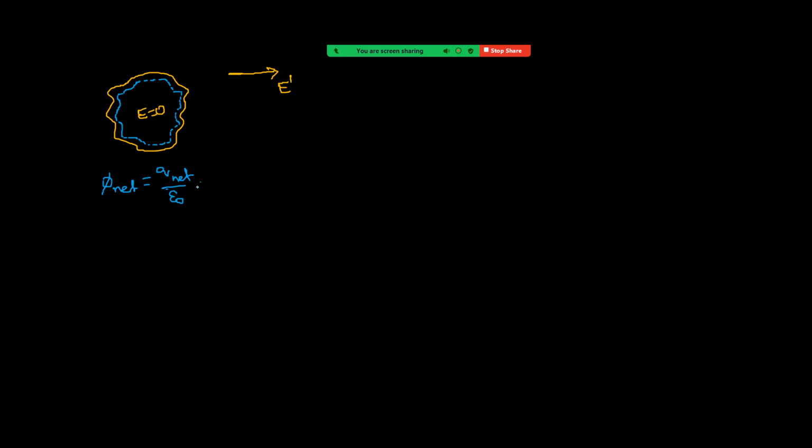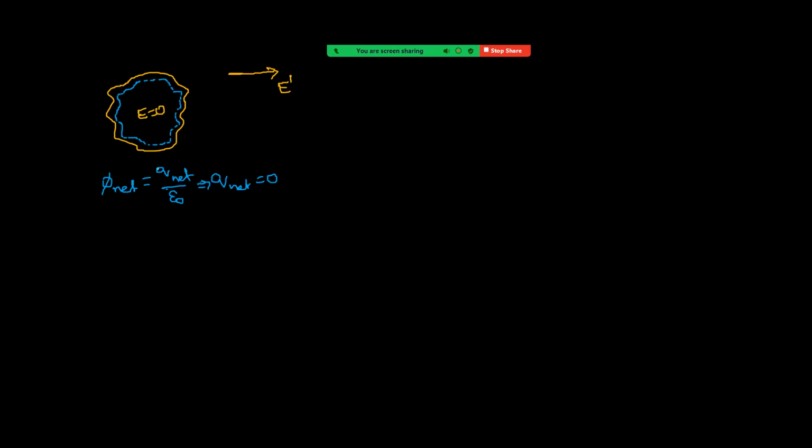That implies net charge inside the conductor equals zero. That means the number of electrons and number of protons are equal. That's why net charge equals zero.